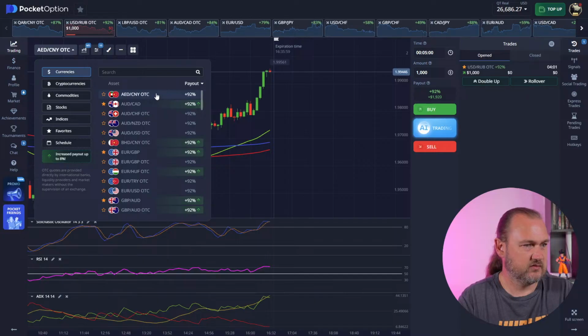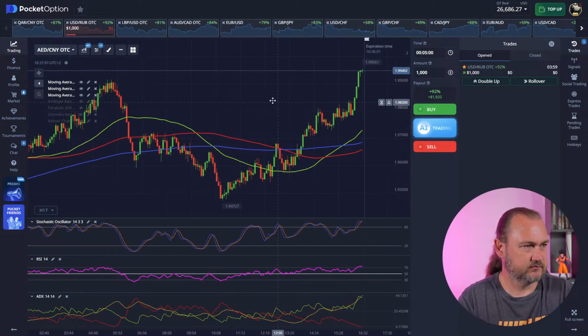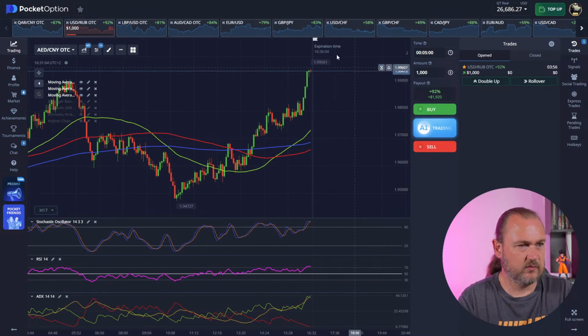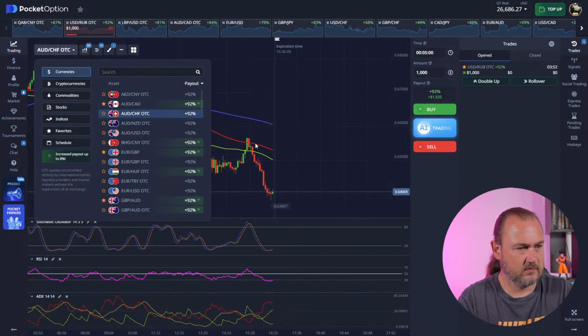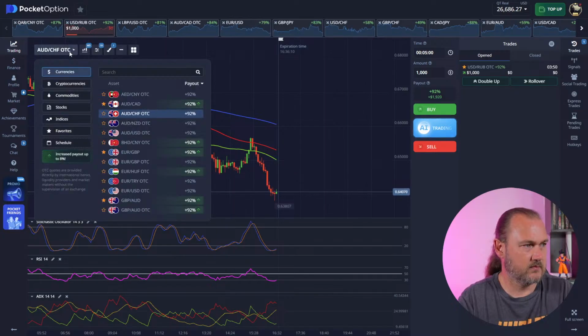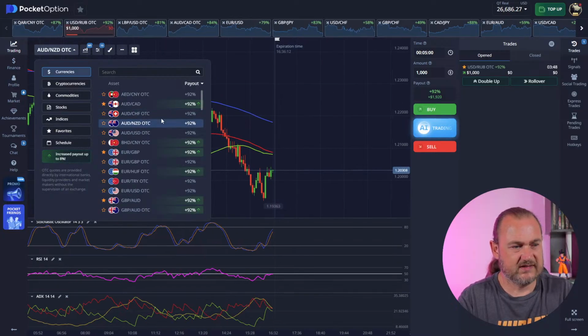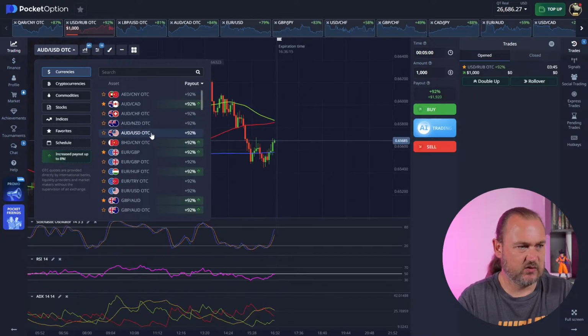Now let's start off top of the list and see what's happening. Broke above that level. We'll scan the 5-minute charts again, and then we'll scan the 1-minute charts as well.